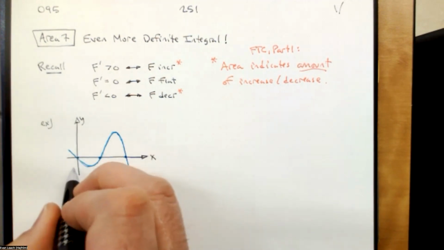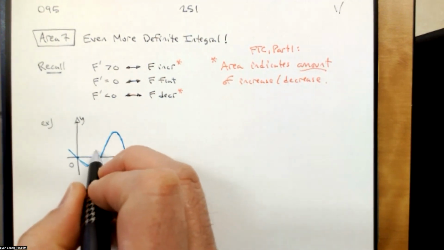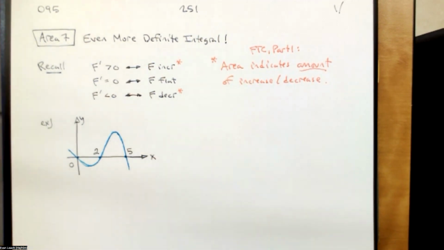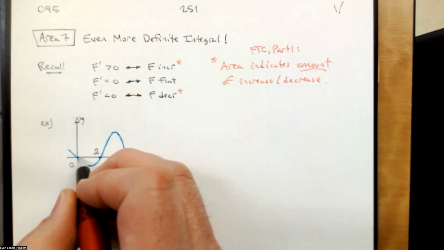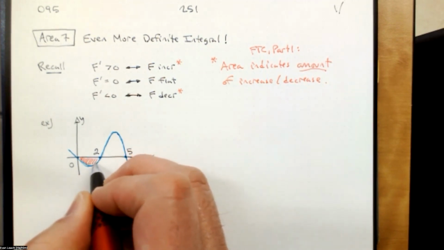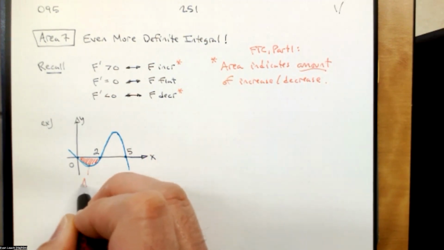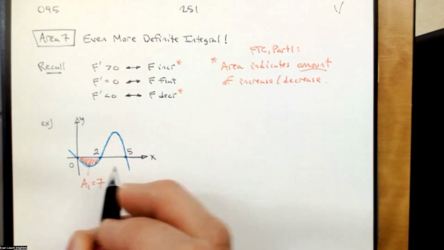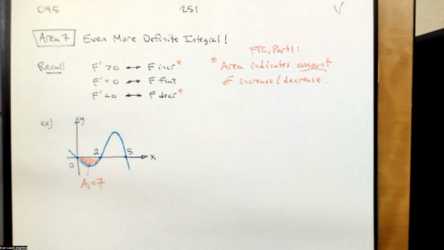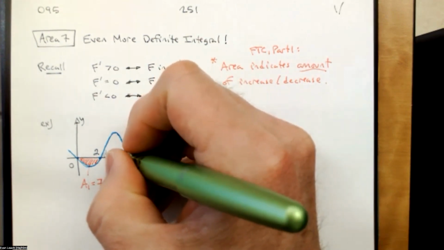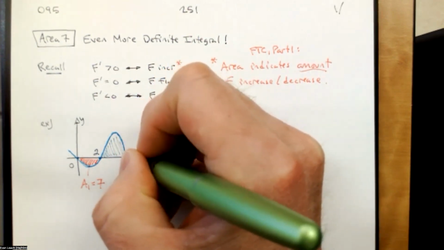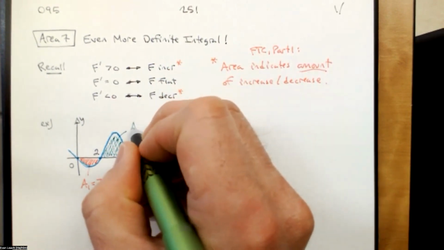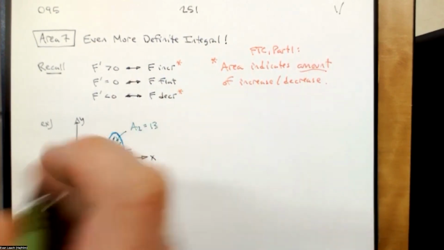Say that this happens at 0, this happens at 2, and this happens at 5. Let's say that this area down here is equal to 7. And this area up here, clearly bigger, let's call that A2, and say that that's 13.